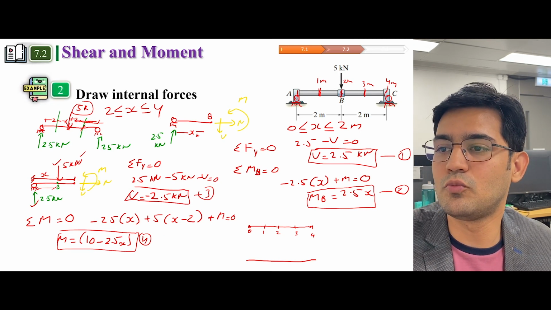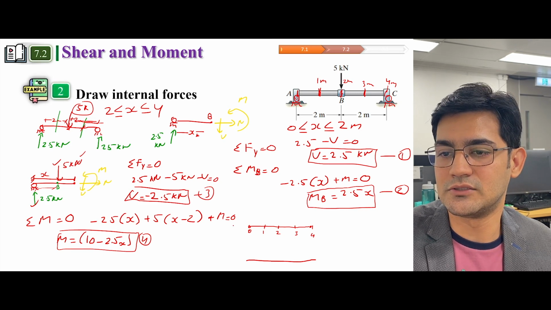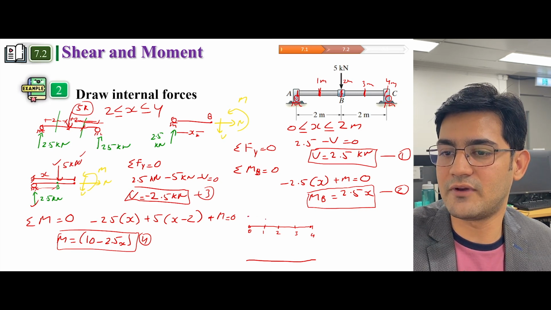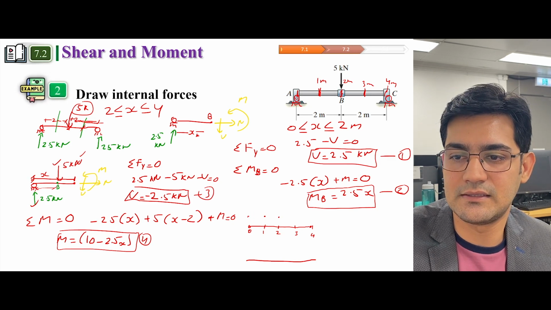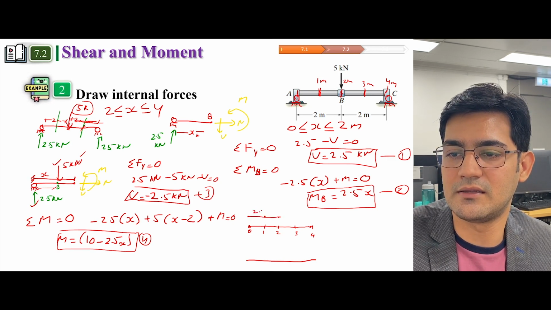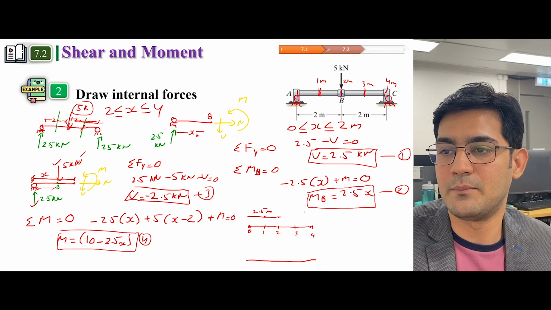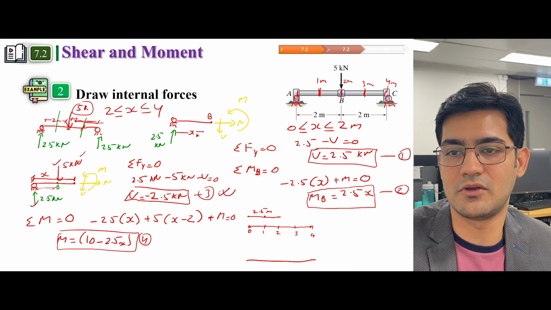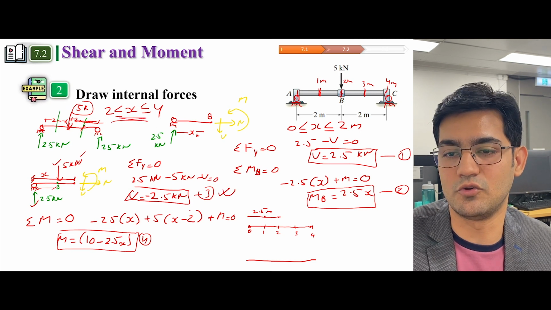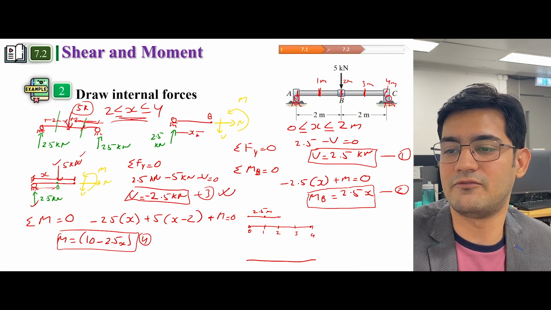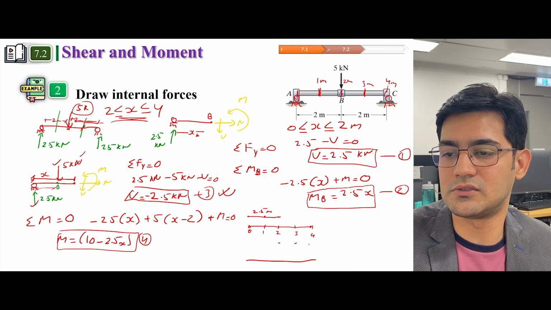So the shear force is 2.5, so there is no x. So if it's 0, you're gonna get 2.5, at 1, 2.5, at 2, 2.5. So whatever x is, the shear force is gonna remain the same, which is 2.5. But after 2, we have to use this equation, because this equation is valid after 2 meter, and it's again minus 2.5 here also, here also, here also.